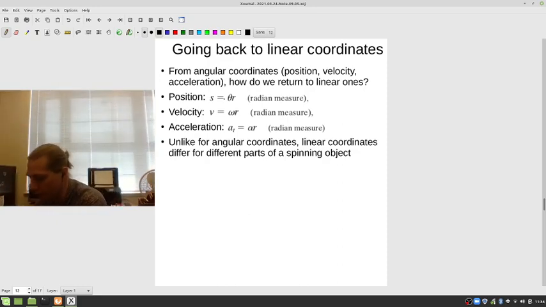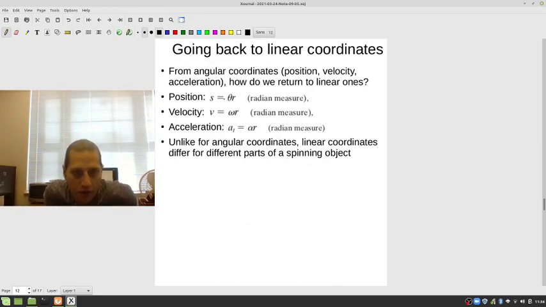If you have your angular velocity and you want to find the linear velocity, you have to take it times the radius. If you have your angular acceleration and you want to find your regular acceleration, you have to take it times the radius.